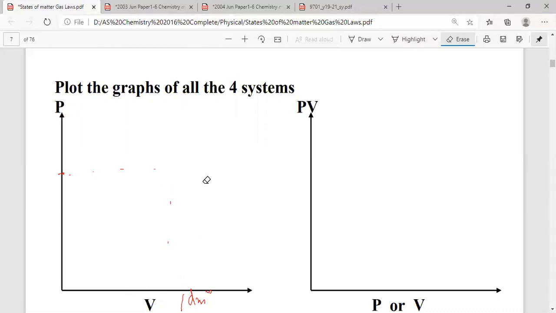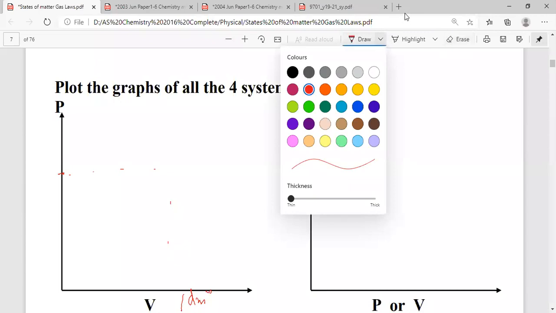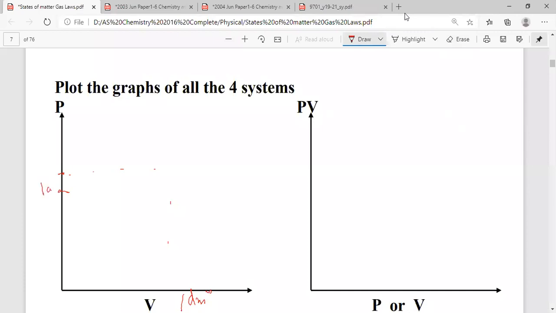Never mind, I can't get it perfect. Let's say the volume is here, at 1 atmosphere, 24. So the first experiment will be like that. This is experiment 1.